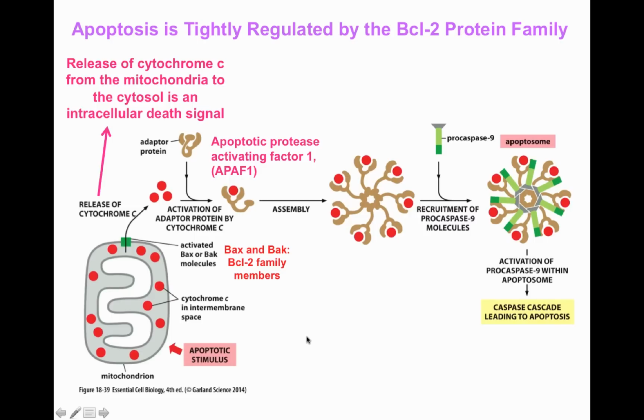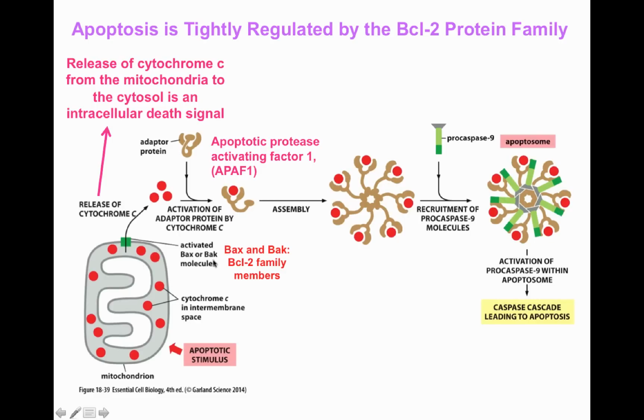Now, if the cell is going to undergo apoptosis, you're going to have the set of events that mediate apoptotic cell death. So let's assume that a cell is undergoing apoptosis, and you have the stimulus shown over here in the bottom left to undergo the apoptotic cell death. That is going to induce cytochrome C, which is usually present in the intermembrane space and, as you know, is part of the electron transport chain, to now be exported into the cytoplasm.